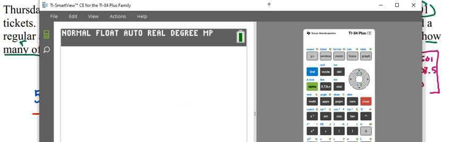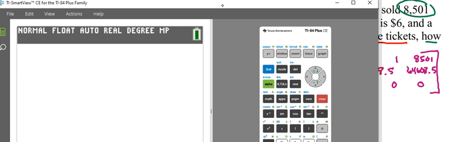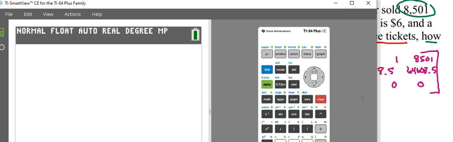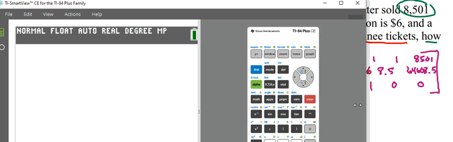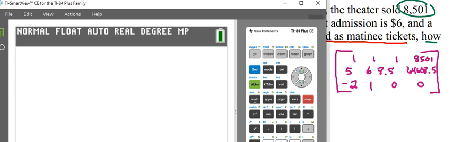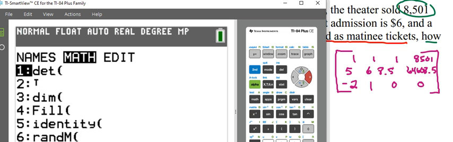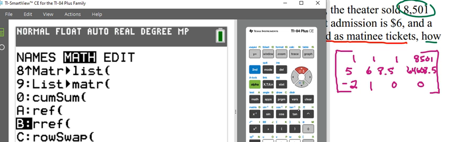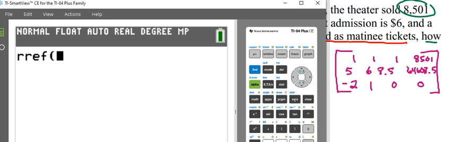So now I put it in the calculator. I'm only going to do this one way as well. So second matrix, we're going to go over to math, go up to RREF. If you don't have the 84 Plus, or you don't have this capability, the next step is alpha zoom.